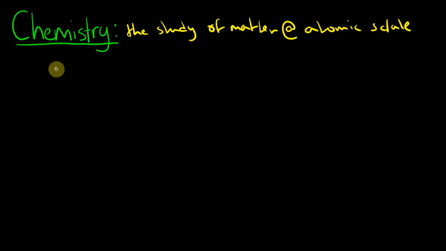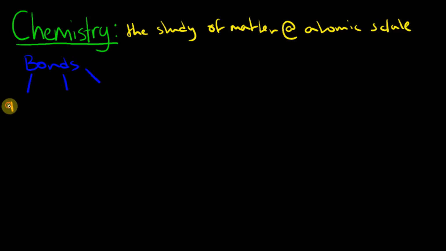And one of the big things that chemistry looks at is the interactions between those atoms, which is what bonds are. Bonds are fundamental to how atoms interact because bonds are what create molecules. So, what are bonds? Well, there are three types of bonds.